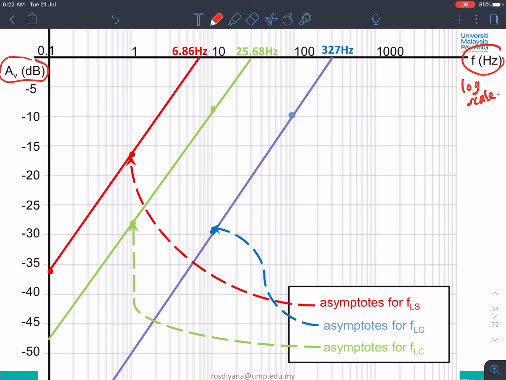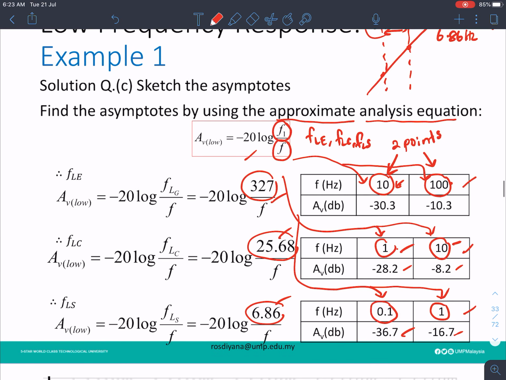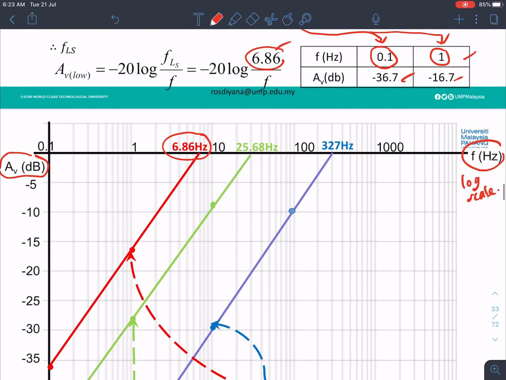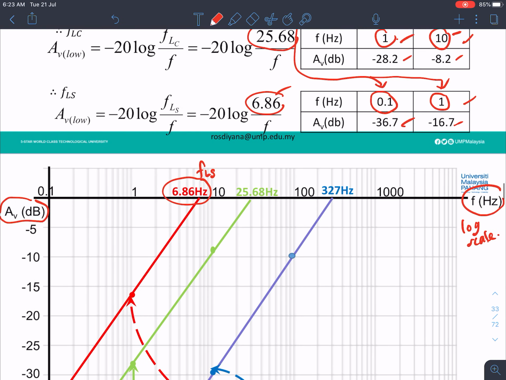For the first one, when we draw each point here, let's say this is for the frequency 6.86. 6.86 is FLS. 25.68 is FLC, and this is FLE.